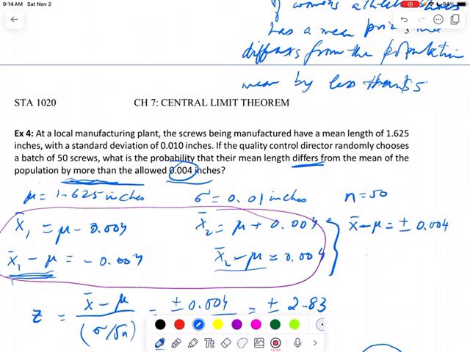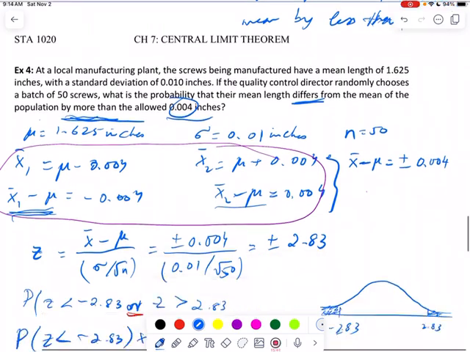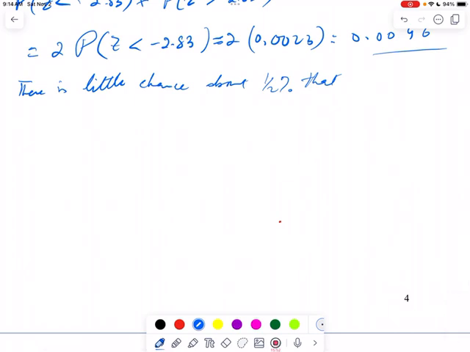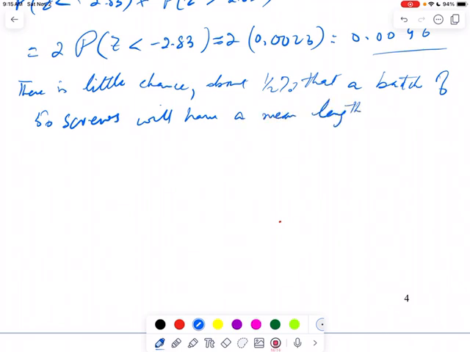So there is a very little chance, about 0.5%, that a batch of 50 screws will have a mean length that differs from the population mean by more than 0.004 inches.